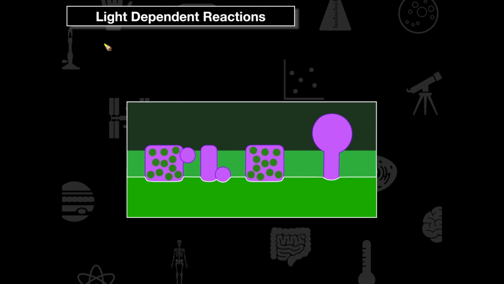So the first thing that's going to happen is beams of light are going to hit this first purple complex. So what we have here is just light. This light's going to hit this purple complex, and we call this purple complex photosystem 2.